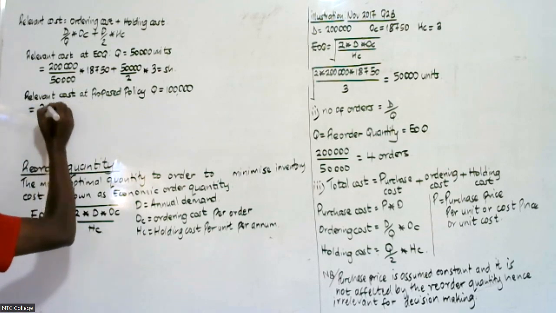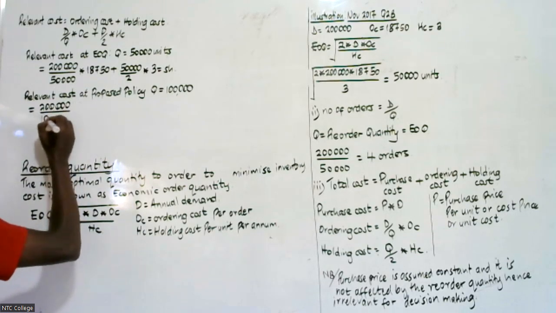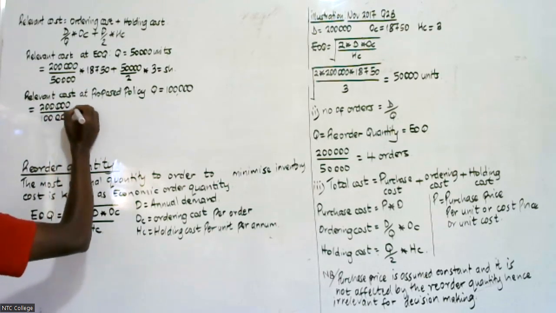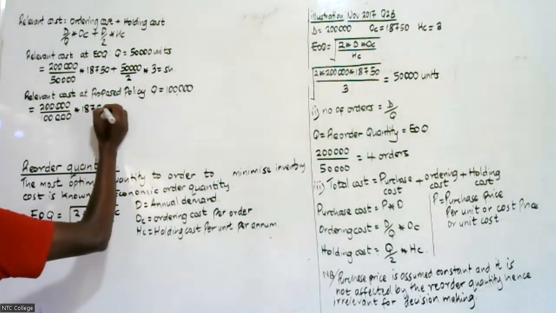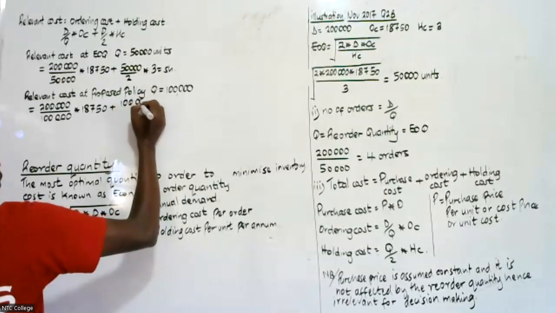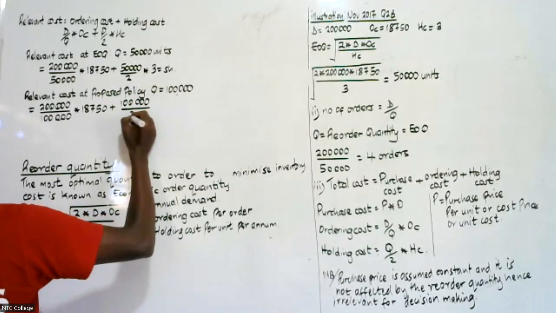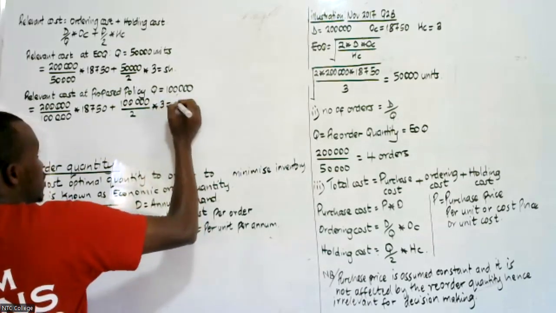So you will say 200,000, which is your annual demand, divided by 100,000 times 18,750, plus 100,000 divided by 2, but your holding cost is how much? 3.